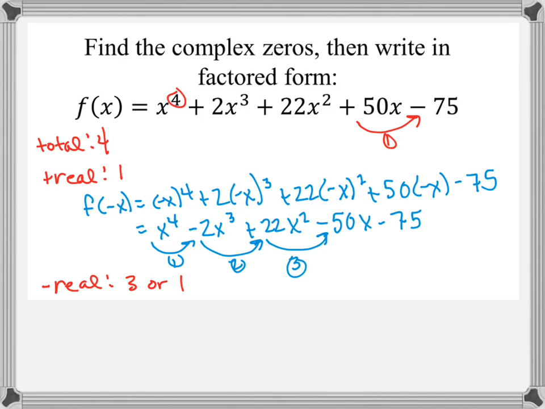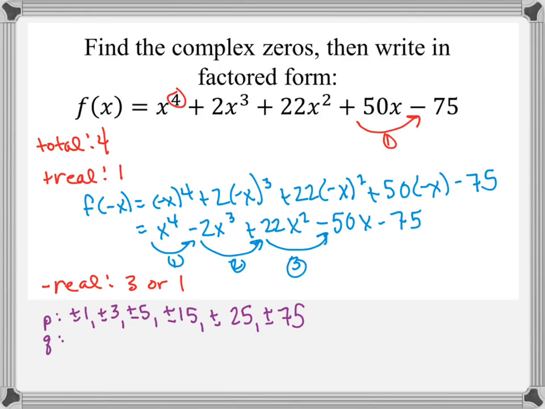So 3 or 1. For my p's, to use the rational root theorem, my constant is 75, so my factors of 75 are plus or minus 1, plus or minus 3, plus or minus 5, plus or minus 15, plus or minus 25, and plus or minus 75.